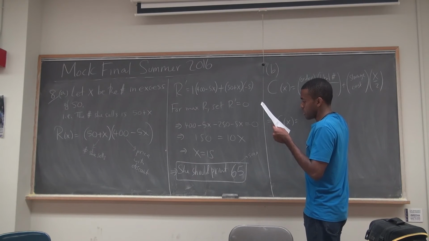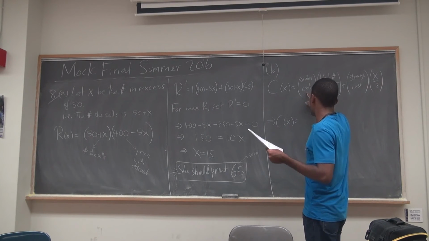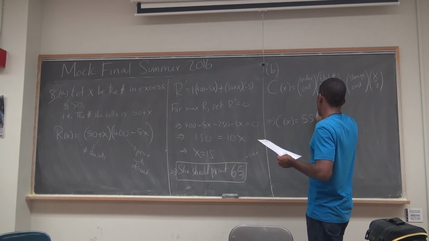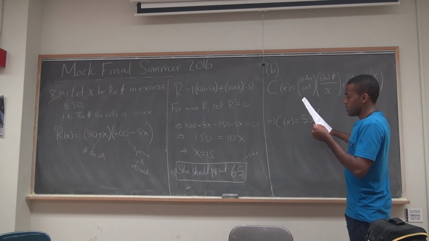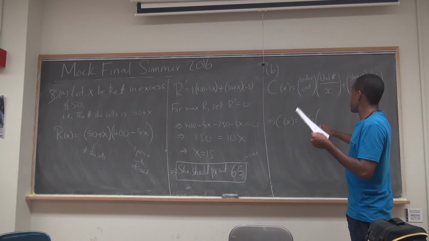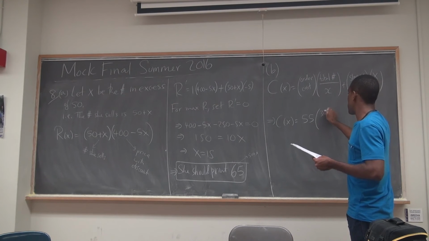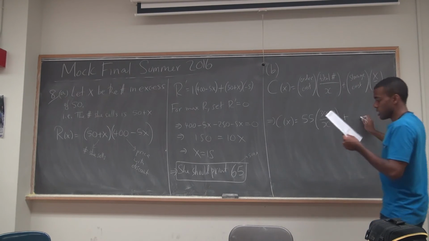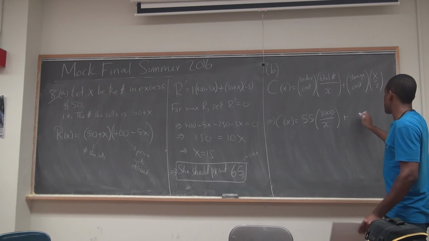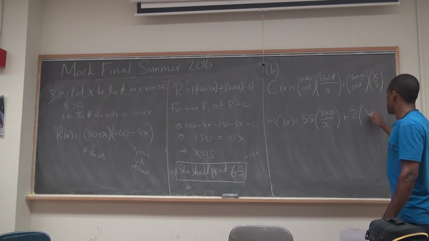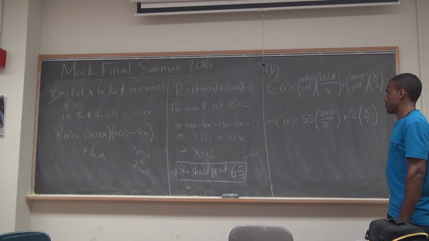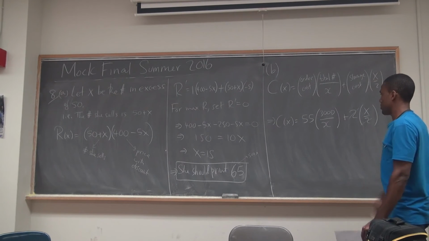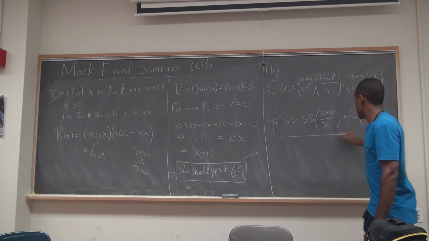It says ordering parts to make X new chairs costing $55 per delivery, so that's 55. The first sentence says he sells 3,000 chairs per year, that's the total number, so it's 3,000 divided by X, plus the storage cost, costing $2 per year to store each chair, that's 2, times X over 2. And that's basically it.